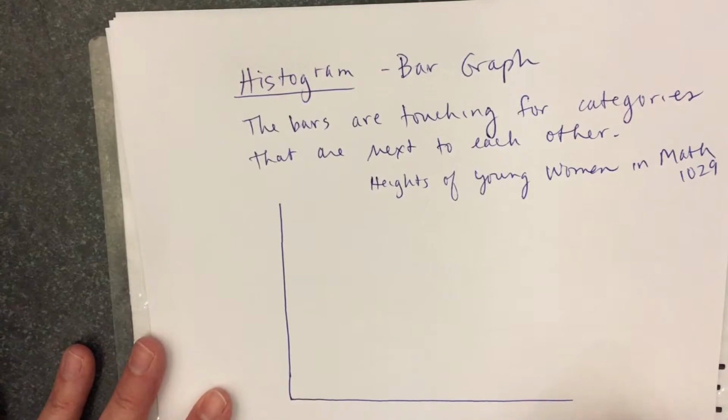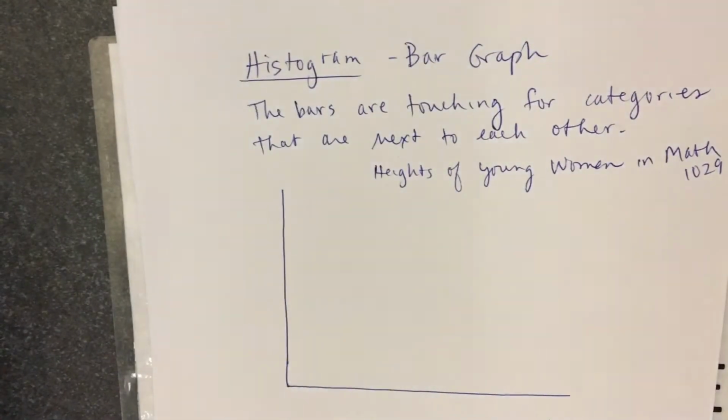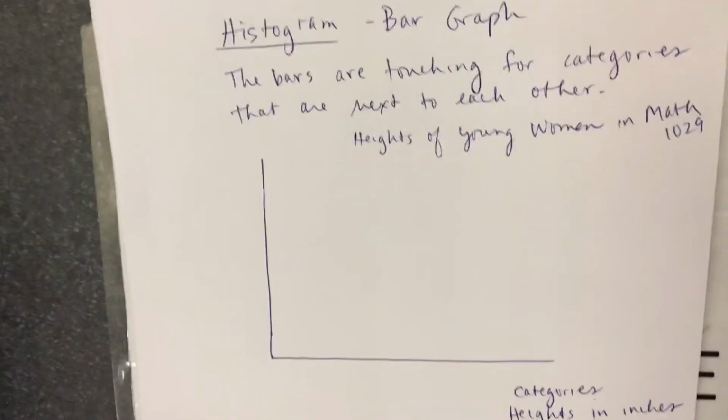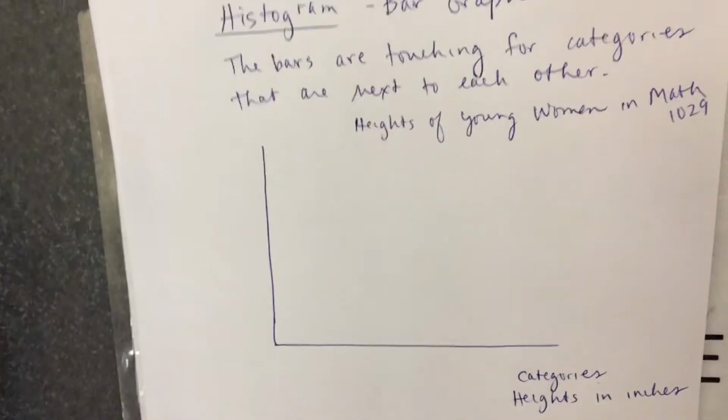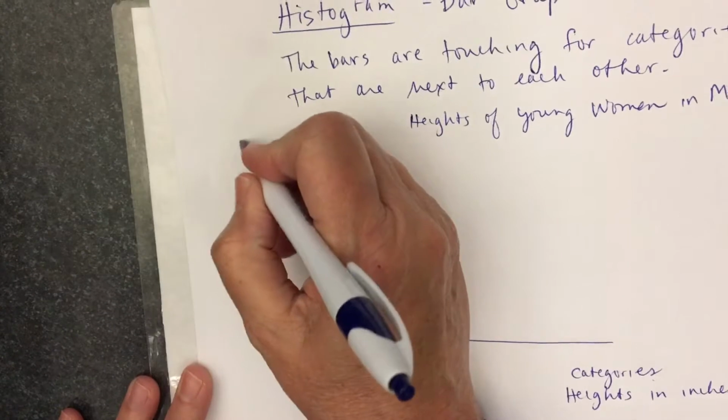Again, the horizontal line is the categories, which is the heights in inches. The vertical line is the frequencies.